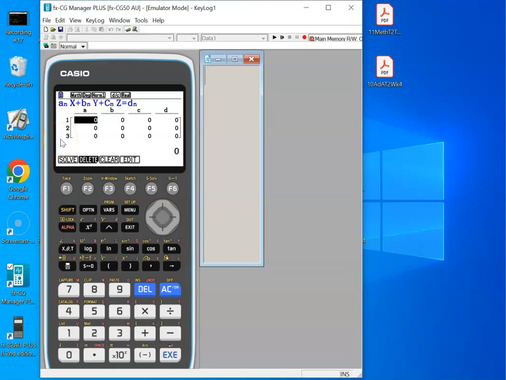The problem is, this calculator will not give you the situation where we have infinitely many solutions. It won't give you the situation where all the planes meet at one common line.